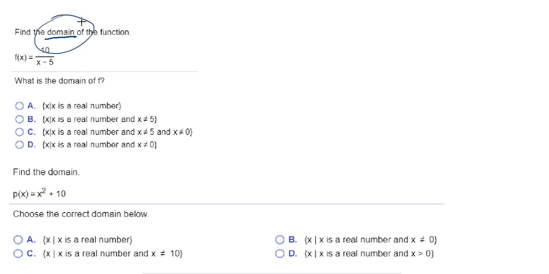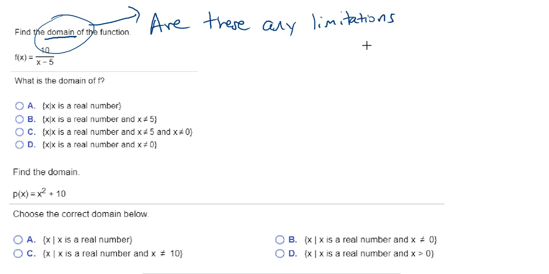Now, whenever they ask you to find the domain, the first question you should ask yourself is, are there any limitations to this equation? If there's limitations in the equation, that will often limit what you're allowed to plug in for x. So start off assuming that the domain is all real numbers, I can plug in any number I want.